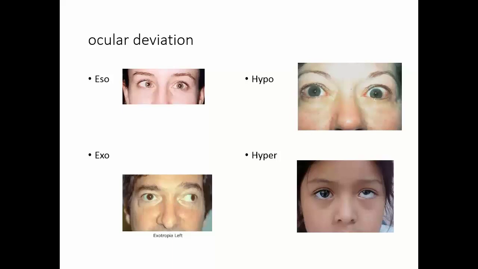Patient is trying to look straight, but the left eye goes deviated laterally. So that is called an exodeviation. And in this case, the left cornea, you can see it is at a lower level than the right. That is called a hypodeviation. Whereas in the little girl here, you can see the cornea is at a higher level, that is a hyperdeviation.